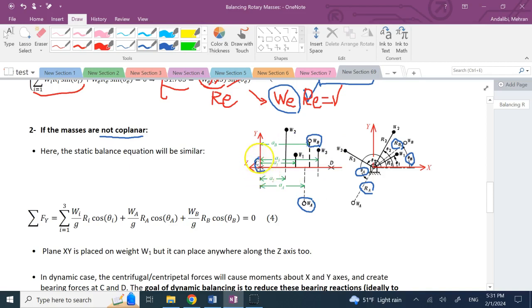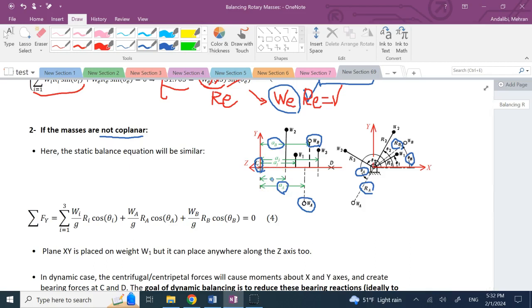From bearing C. So A1, A2, A3, AA, and AB. So each weight or mass, a balancing one, has also some extra A. These are under our control. These AA and AB is what we pick. But A1, A2, A3 are given to us as a part of the problem.